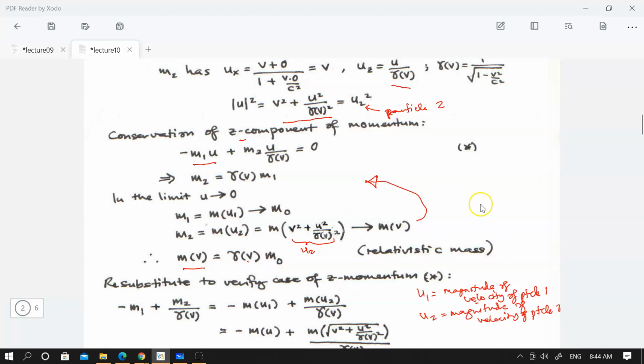Okay, so if this formula is consistent, then it should obey this particular equation.